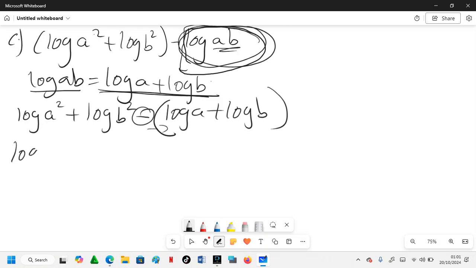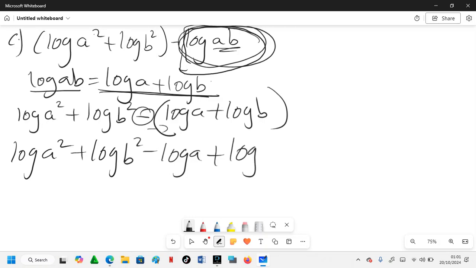So we have log A squared plus log B squared minus log A plus log B. And of course, you might want to drop the powers and then collect the like terms.